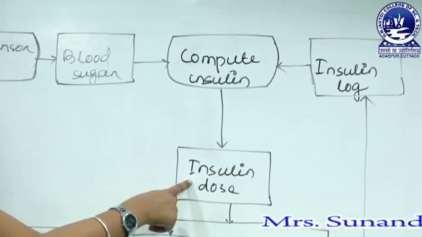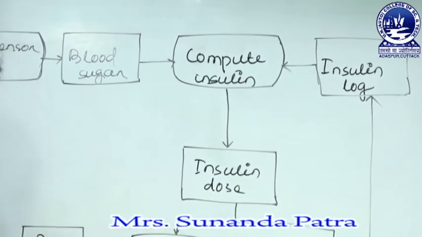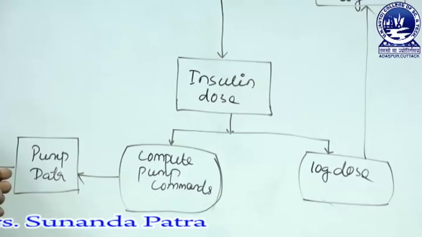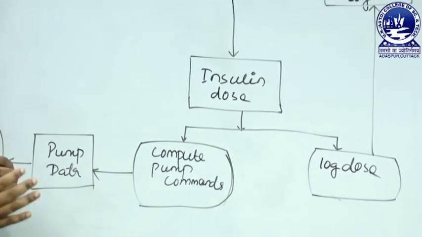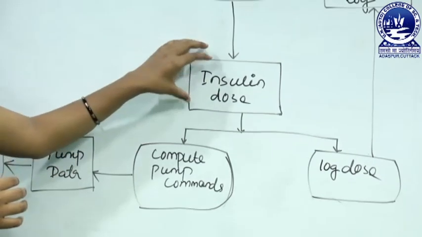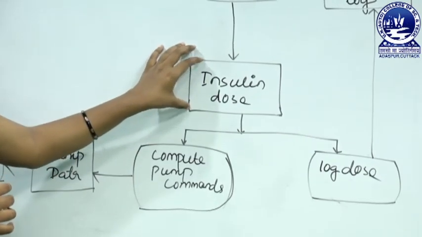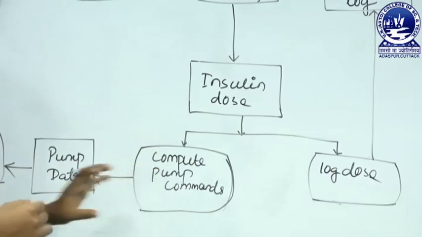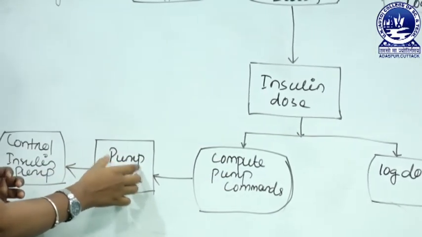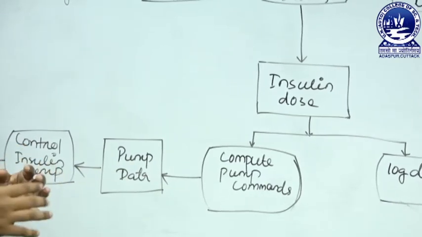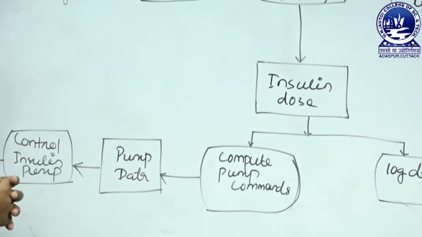Next, based on the insulin dose, we will compute the pump commands. That means we will command the pump to deliver this amount of insulin dose to the patient's body. After giving the command, it will compute the pump data, that means how much insulin will be injected into the patient's body.